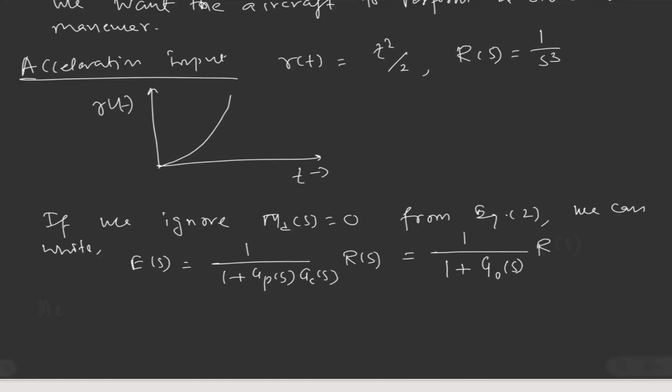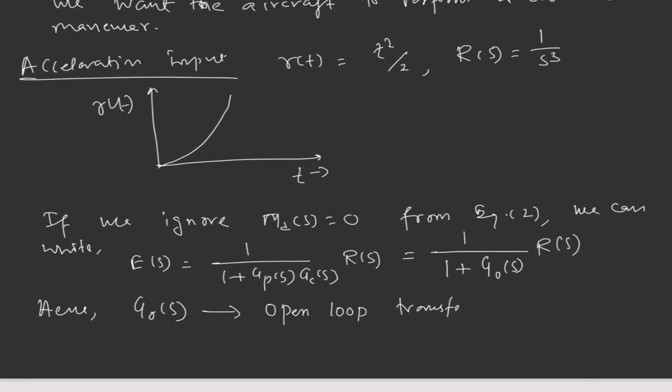So here, G naught is called the open loop transfer function.